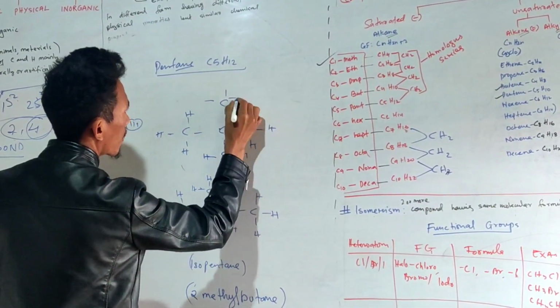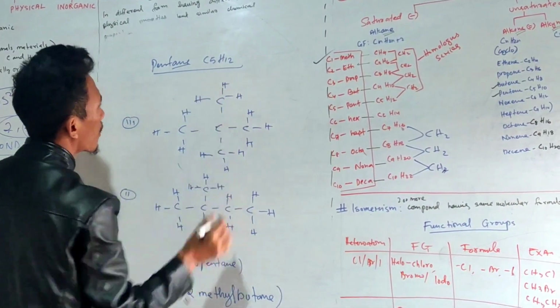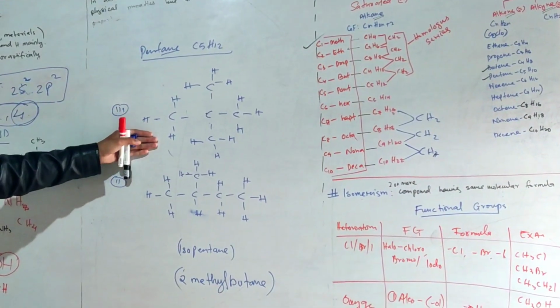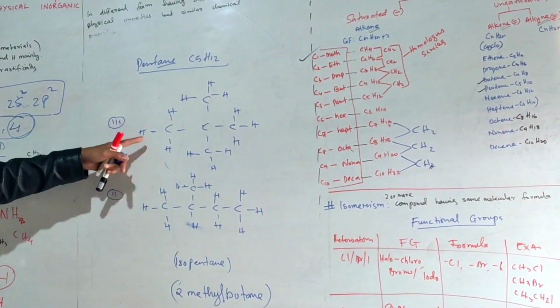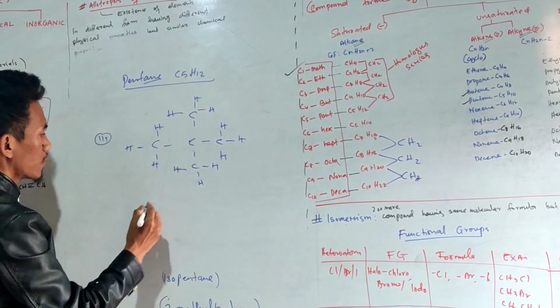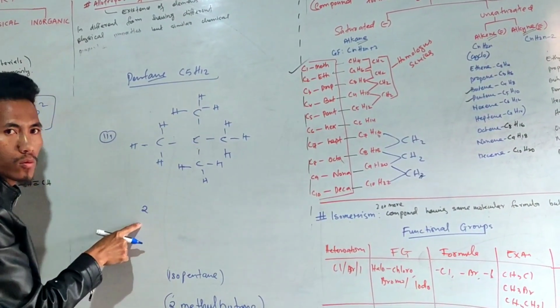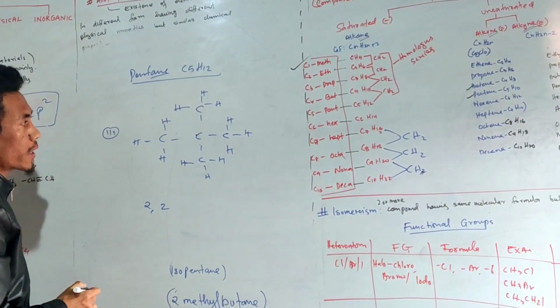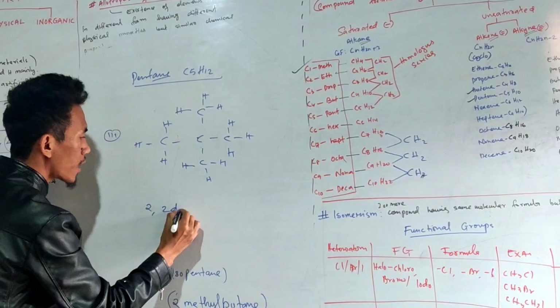It's another possible structure here now. So let's name this one. Now there are 2 branches, each a methyl, so it's dimethyl, not just methyl.